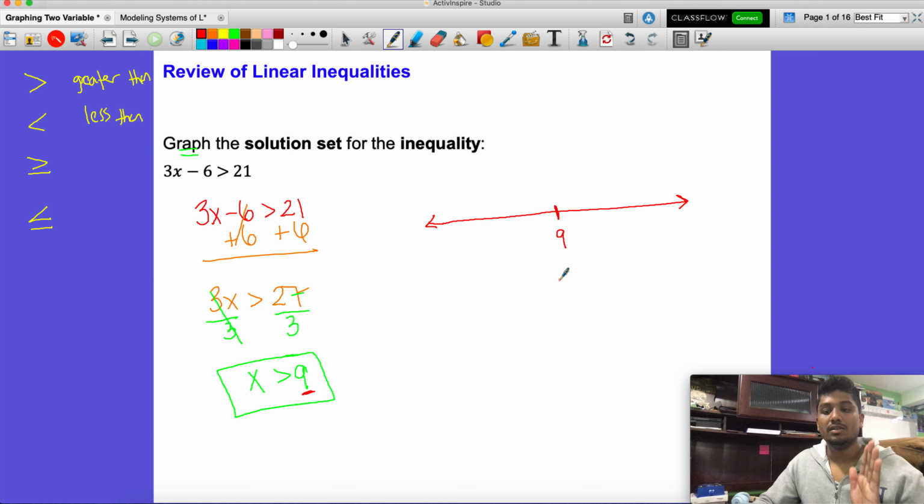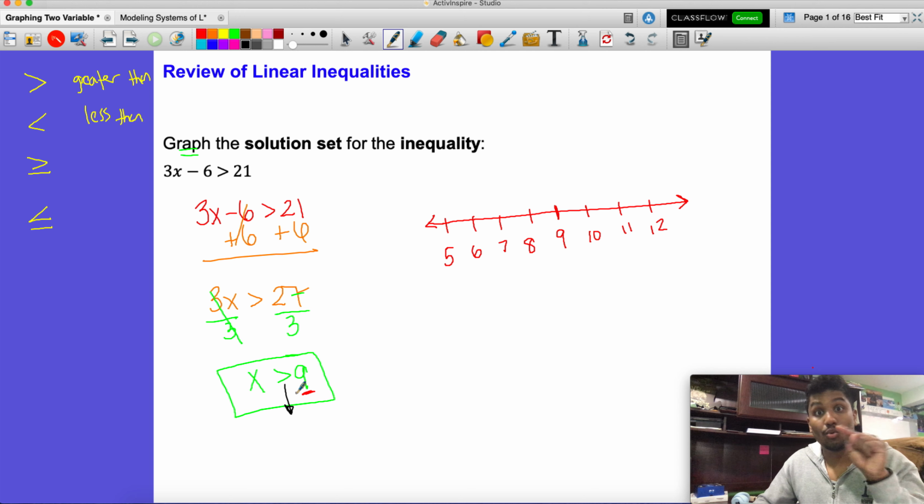If you move to the right, we go 10, 11, 12, and as you move to the left, we decrease: 6, 5. This sign here is a greater than, and because it does not have the or equal to, this is going to be an open circle.